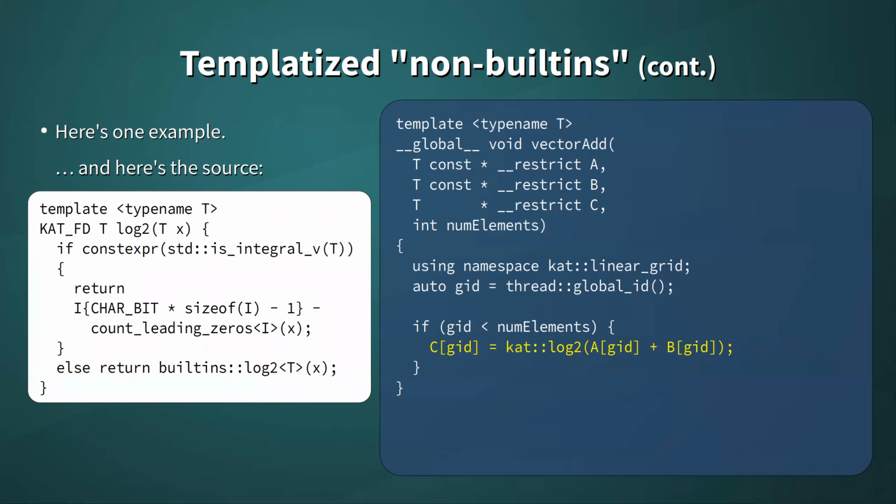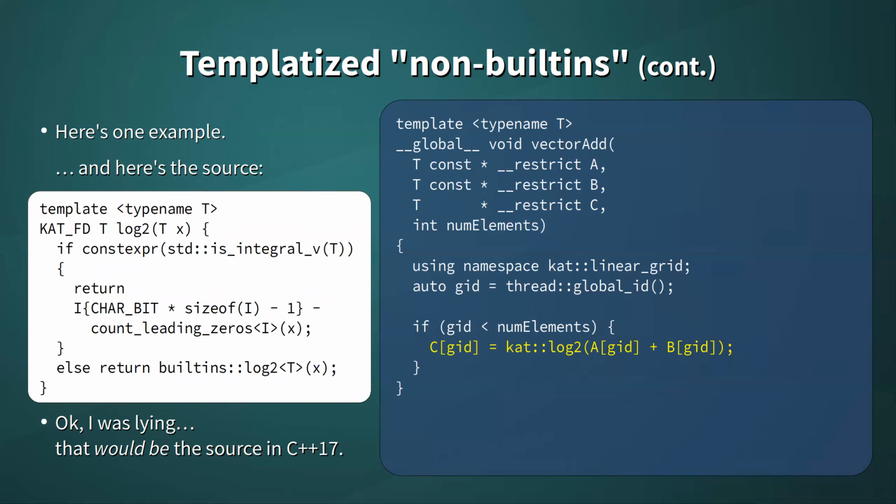And first of all, it's a lie. This is not the real implementation, but I could implement it if I were to write it in C++17. In C++17, we can do some compile time conditionals. If our type is integral, that means we have no built-ins for it.